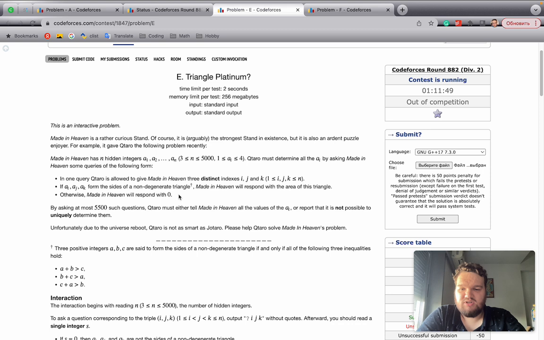Otherwise, we get zero. We can ask 5,500 queries, and n is up to 5,000. Also, there is an option that it is not possible.